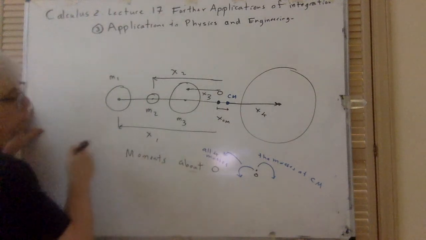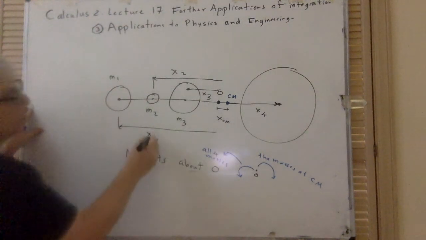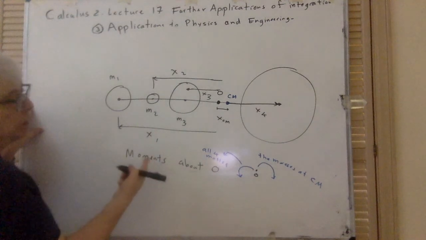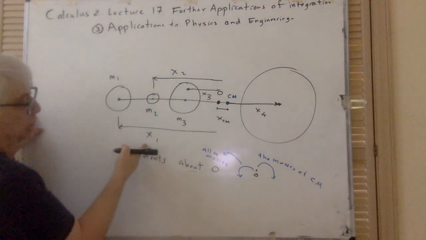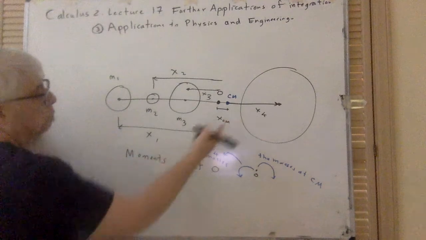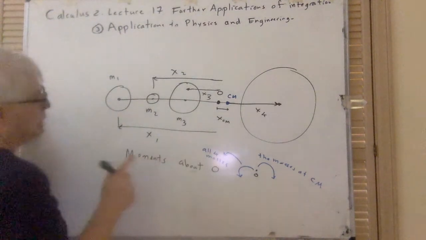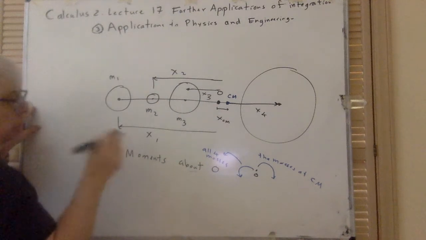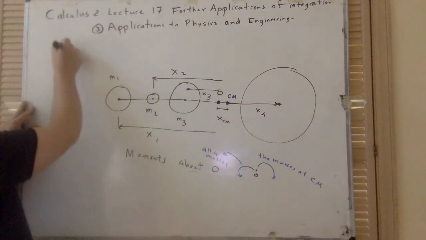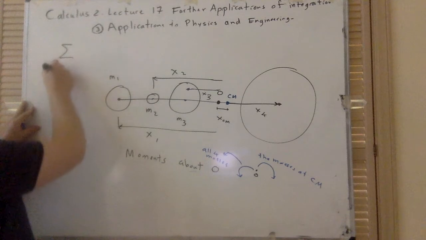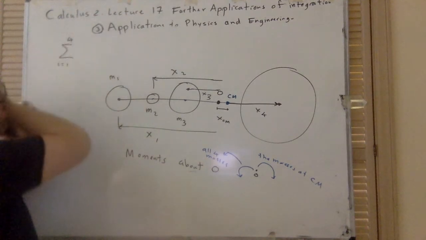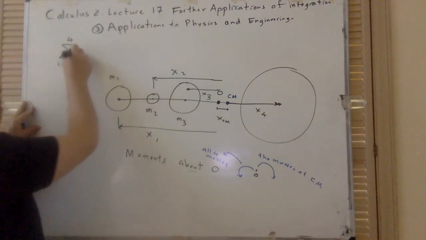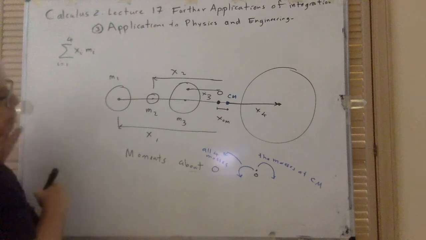The moment of all four masses will be, well, first of all, the x's can be positive or negative. This is on the x-axis. So in this case, this is negative, negative, negative, positive, and that positive, negative is applied. So it's not just x1 times m. I have sigma, i from 1 to 4 in this case, of x_i m_i.